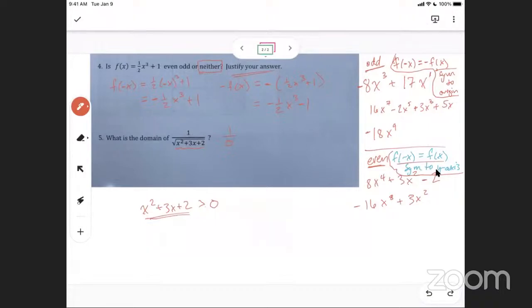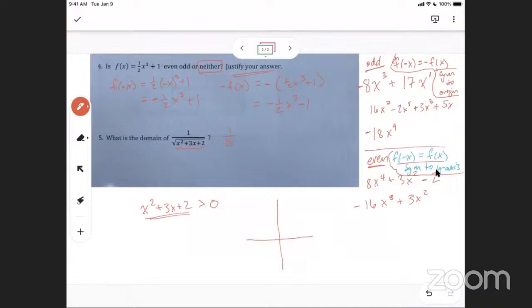Yes. So now we have to solve this inequality. X squared plus 3x plus 2 has to be greater than 0. Now I'm going to show you the way I prefer to do this. I prefer to do this by graphing it and looking at where that graph is greater than 0.